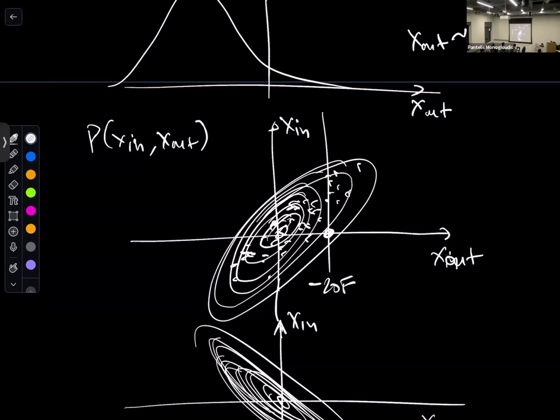So what is this notion? P of X in given X out equals minus 20.